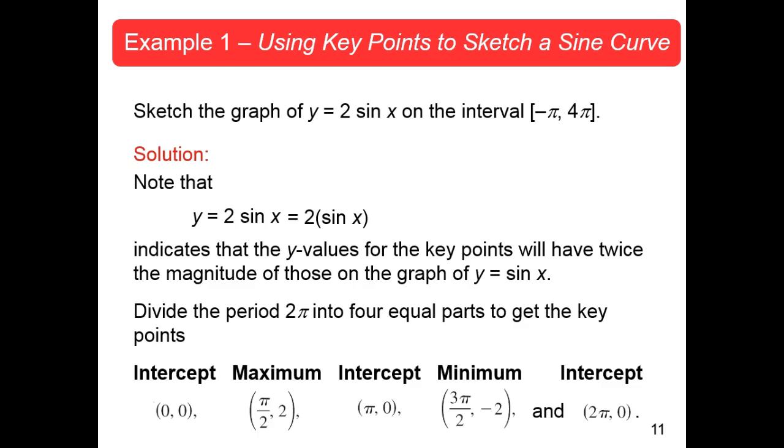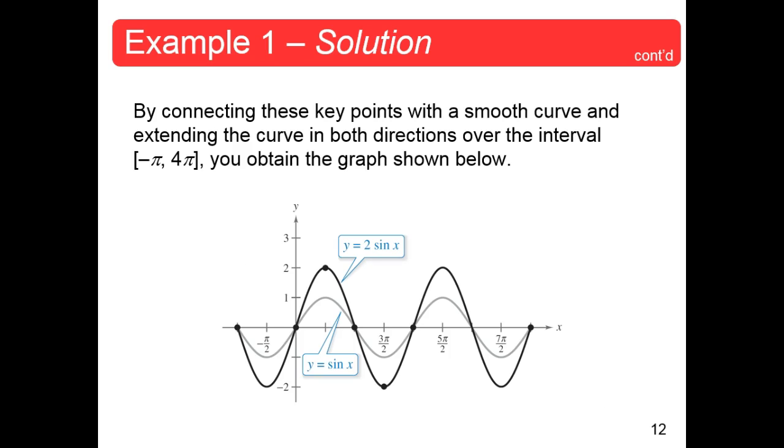You're back down to 0 again. The next half pi, you continue down to your minimum, -2. And then the next quarter period gets you to 2 pi. And there you're back to 0, the same place you were here, going the same direction you were there. So you get those plotted, and then just start repeating to the right and to the left.